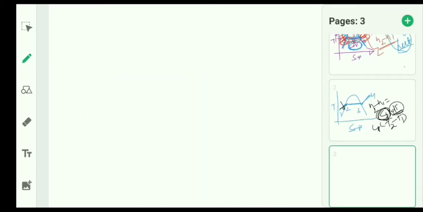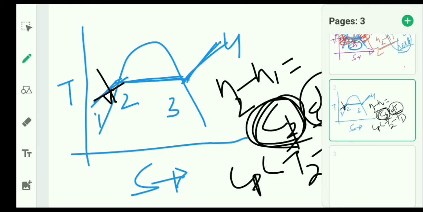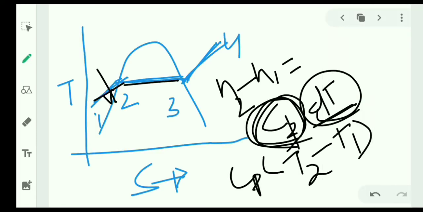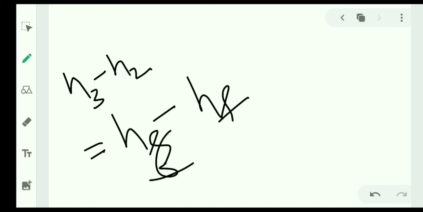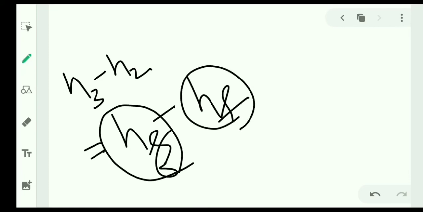Next, we need to calculate the enthalpy change from 2 to 3, meaning how much heat is added during the 2 to 3 process. For that we calculate H3 minus H2, which will be equal to Hg minus Hf. What are Hg and Hf?